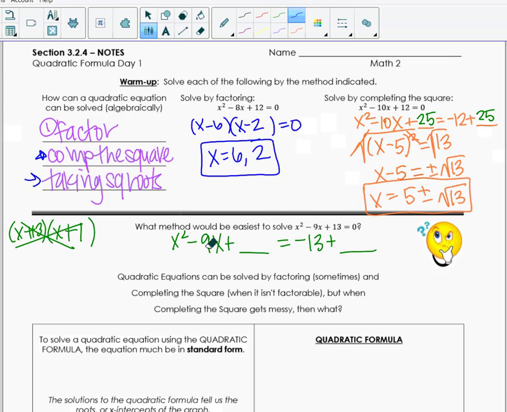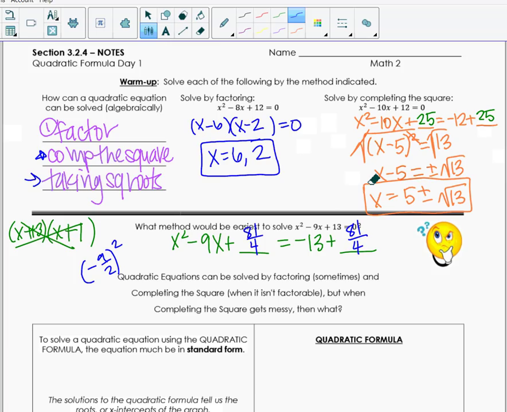Here you would take your middle term, which is -9. -9 divided by 2 is -9 halves, and then you square it. So you are looking at 81 over 4, and whatever you do to one side, you do to the other.